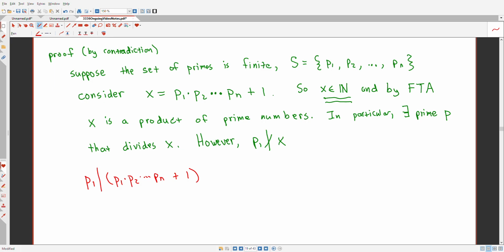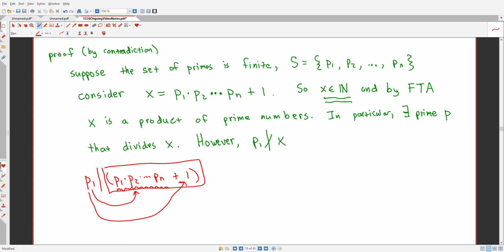Let's see what it would mean for P1 to try to divide this. Well, we already know that P1 divides this piece, because it is clearly a multiple. It's P1 times something. So if P1 were to divide the entire thing, and if P1 were to divide that one piece of it that I squiggly underlined, that would tell us that P1 would then have to divide this number.